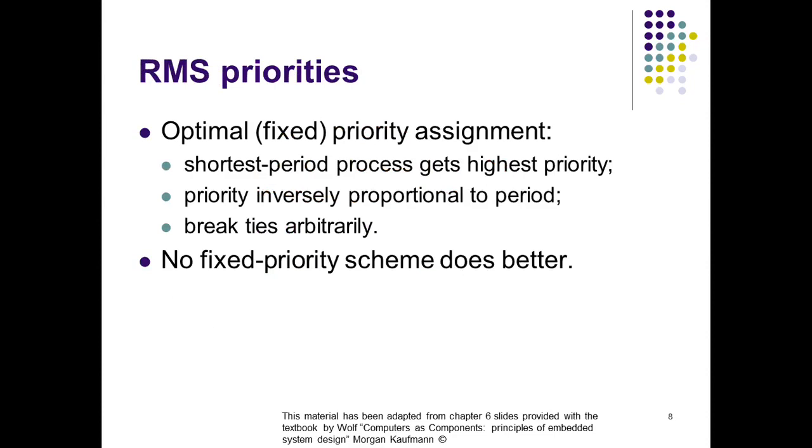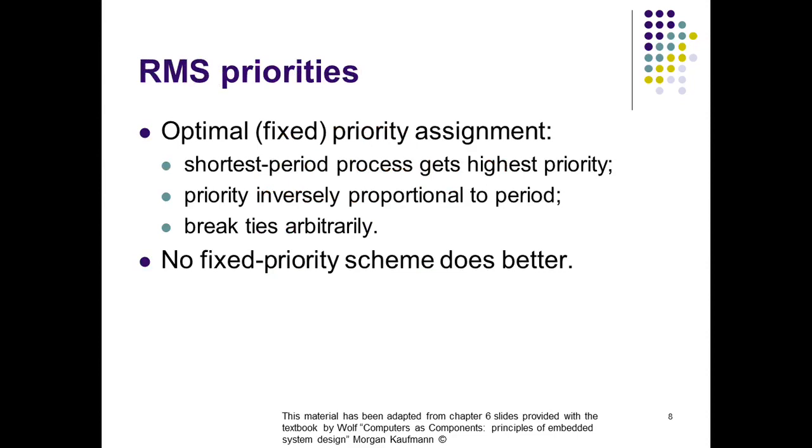Okay, so RMS, it's a really simple idea: the process that has the shortest period gets the highest priority. It's not quite how you've done it previously, where you defined which is the highest priority process.